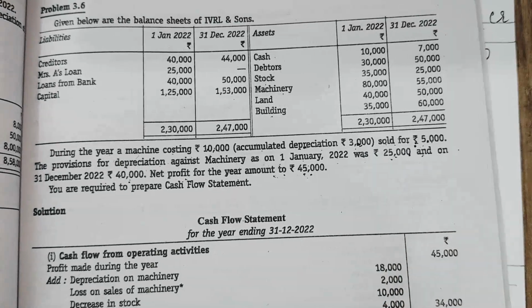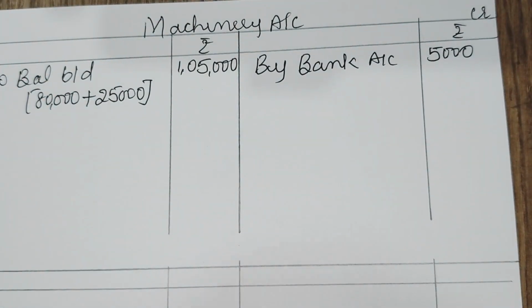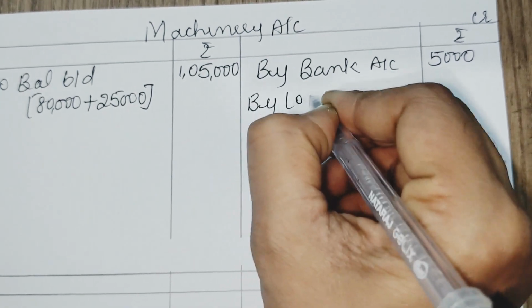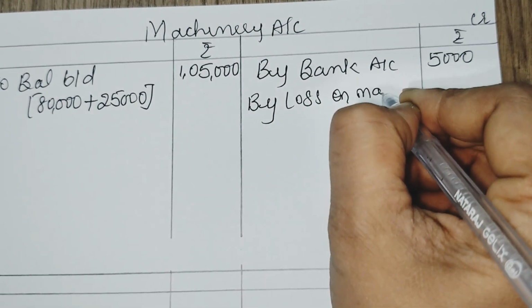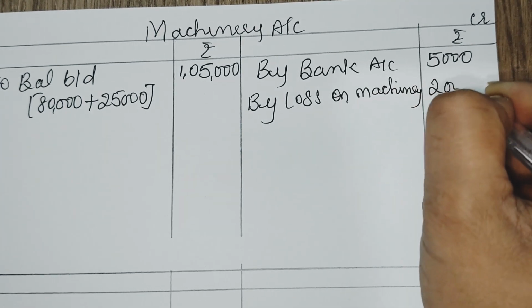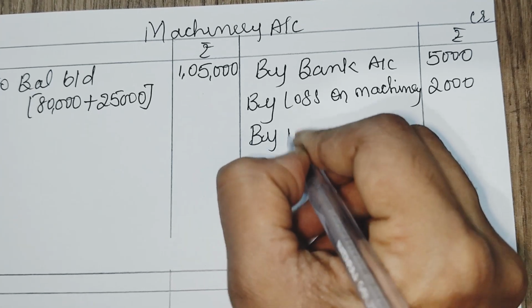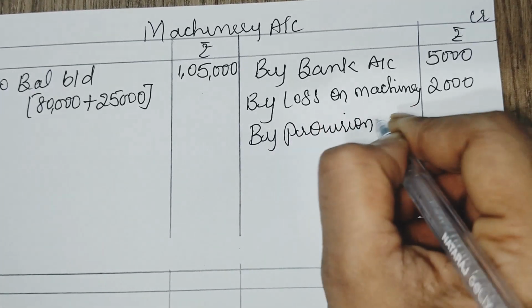So what is the loss on the sale? Loss on the sale is 2,000. The 2,000 we are crediting by loss on sale of machinery, 2,000.